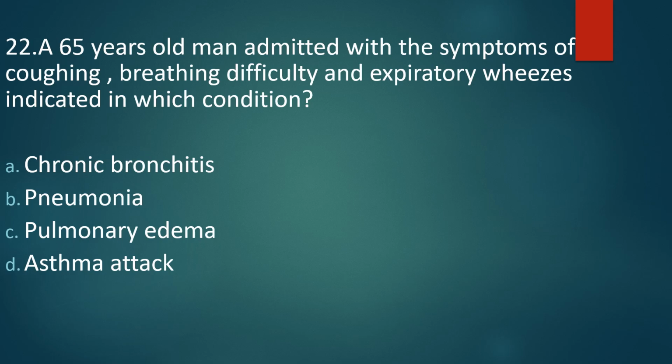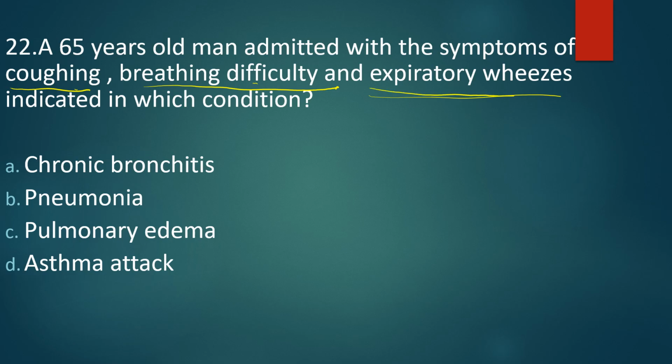So here you have to see the clue, the keyword. 65 years old man with the symptoms of coughing, breathing difficulty, and expiratory wheezes. Coughing and breathing, it's normal, generally you can see in any kind of lung disorder.